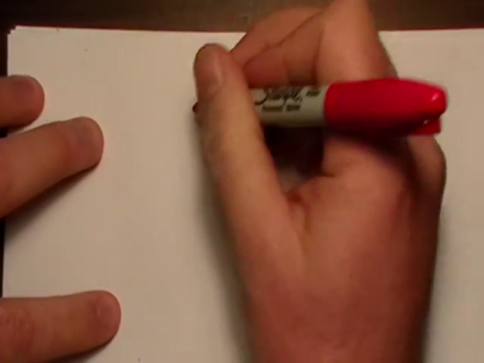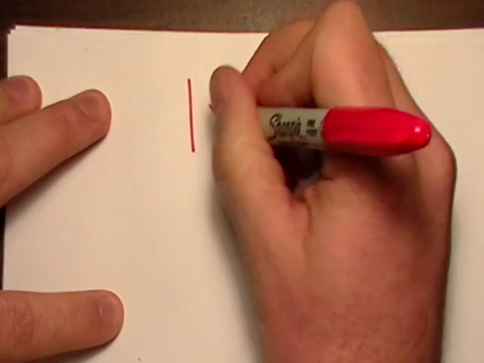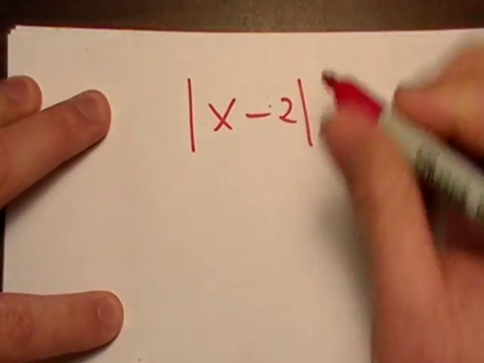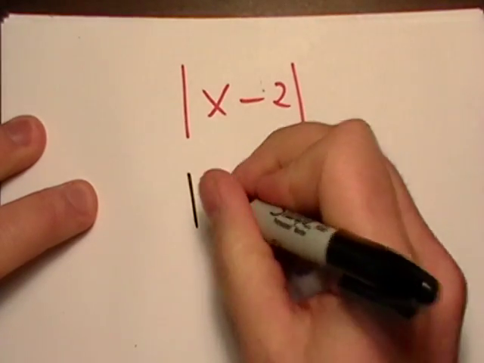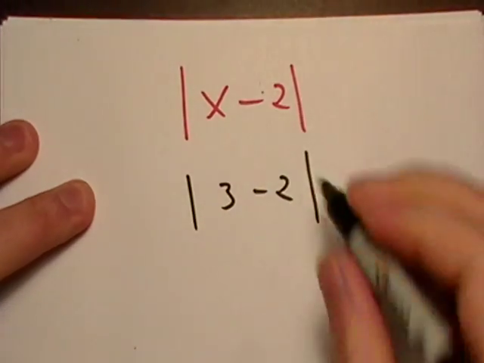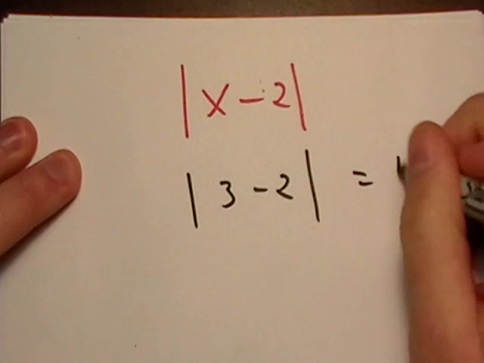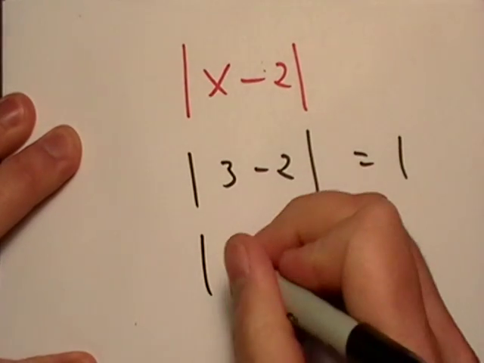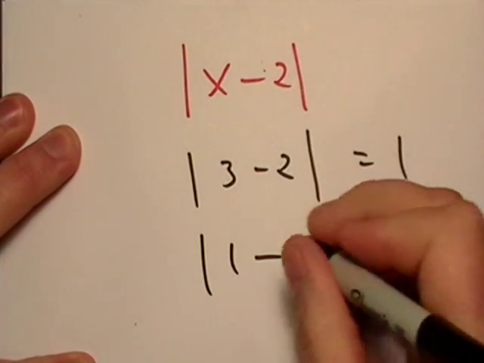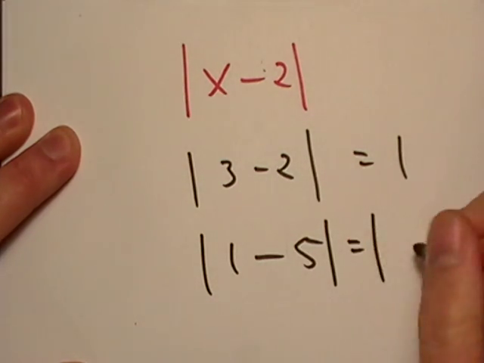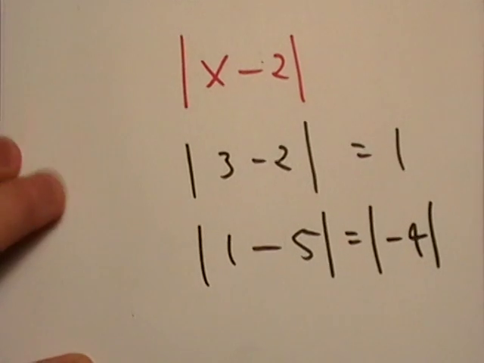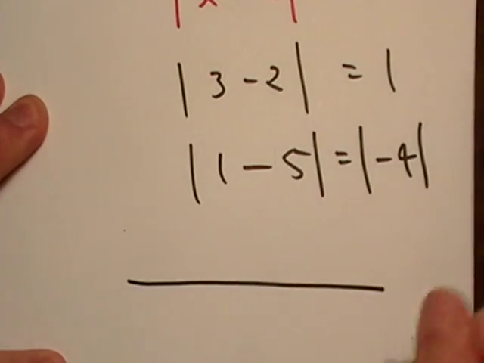The next thing you need to know is that this absolute value bar is really just a distance, isn't it? Just like if I had 3 minus 2, you would say that's equal to 1 unit. And likewise, if I started at 1 minus 5, I would end up with the absolute value of -4. Let's put that on the number line.